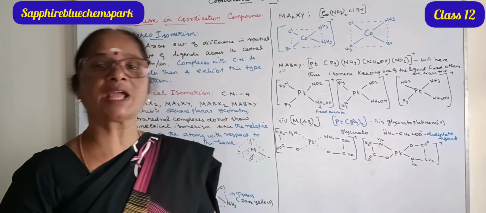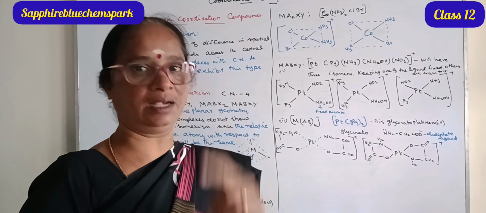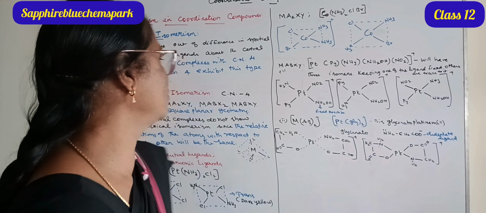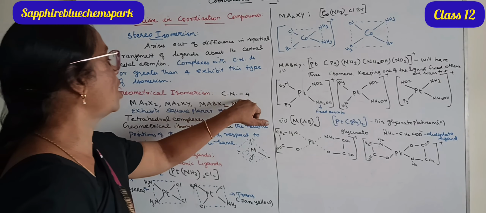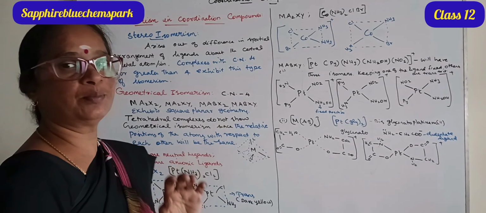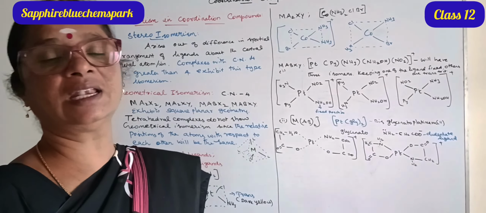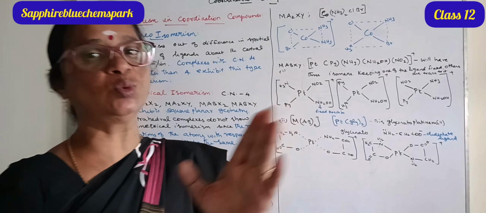Geometrical isomerism can be exhibited by complexes having coordination number 4 and 6. Let us find first of all the complexes having coordination number 4. When we write coordination number 4, the ligands might be 4 different ligands, or 2 of them similar and 2 of them different.